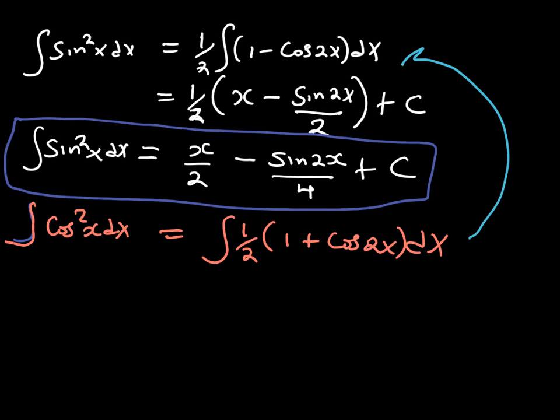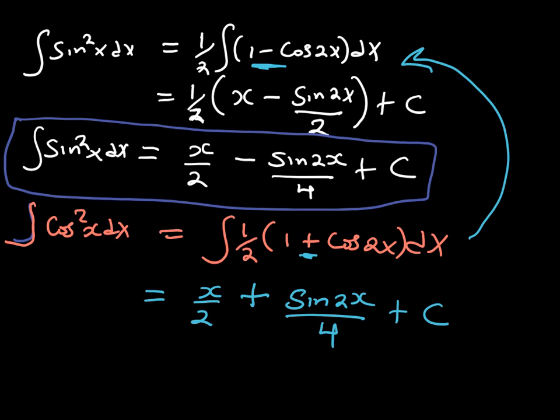When you look at these two, they're almost the same, but it is only this part: this is minus and this is a plus. The same method, you end up with x over 2, but this time plus sine 2x over 4 plus a constant of integration. You are done with integrating sine squared x and cos squared x.